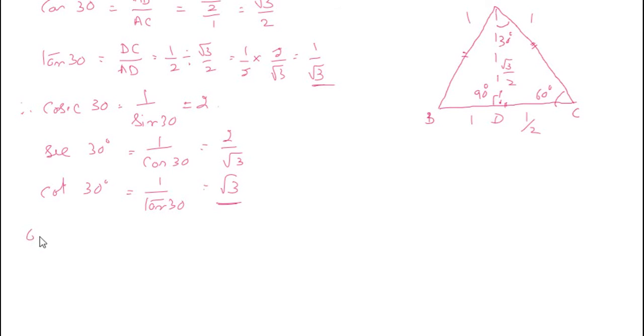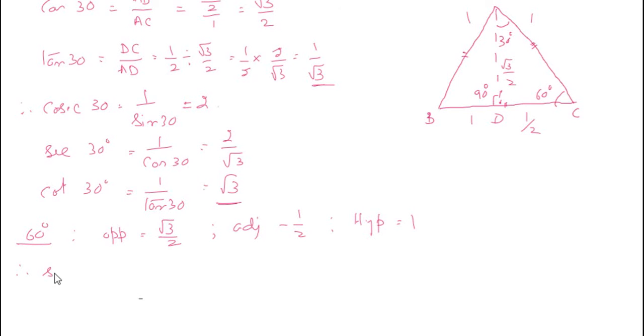Now let us discuss about 60 degrees. Now angle C is 60. For angle C, opposite side is AD, that is root 3 by 2. Adjacent side is DC, that is half, and hypotenuse is 1.